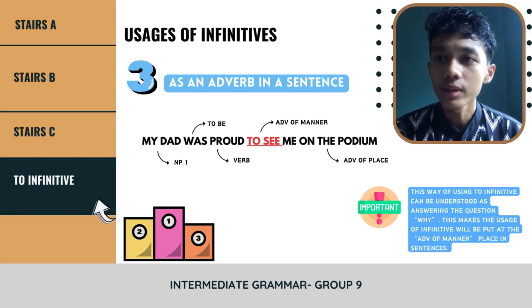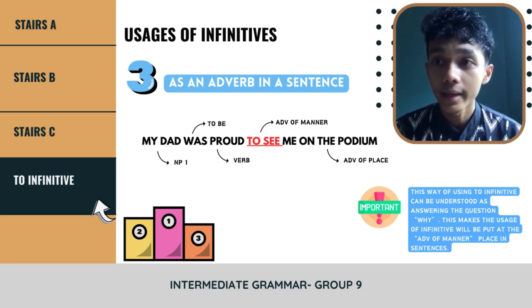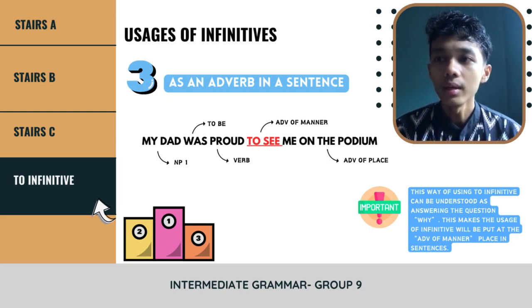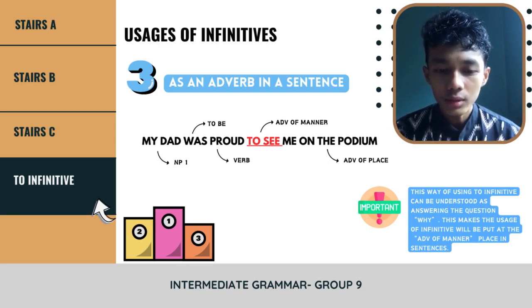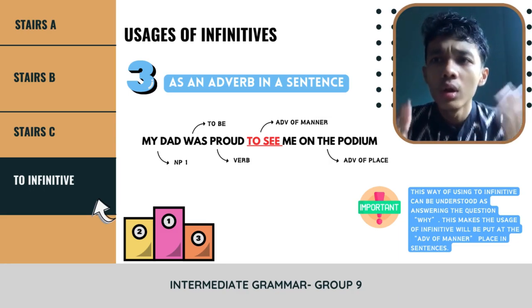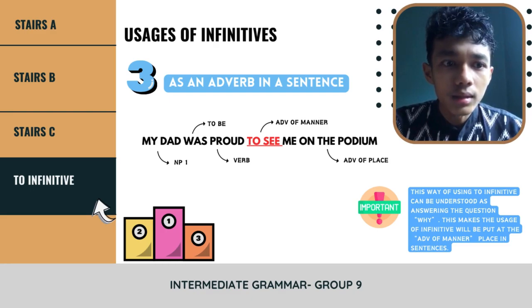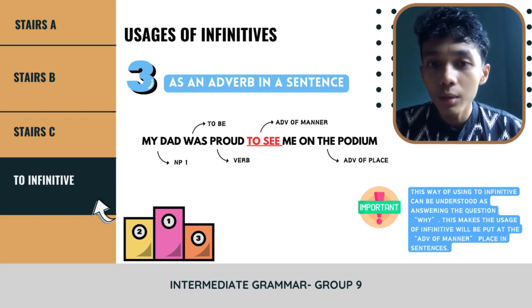So the last one is infinitives as an adverb in a sentence. You could see in the example, my dad was proud to see me on the podium. The way of using to infinitives as an adverb, it usually answers the question why. So you could imagine the question for that example is, why is your dad proud?